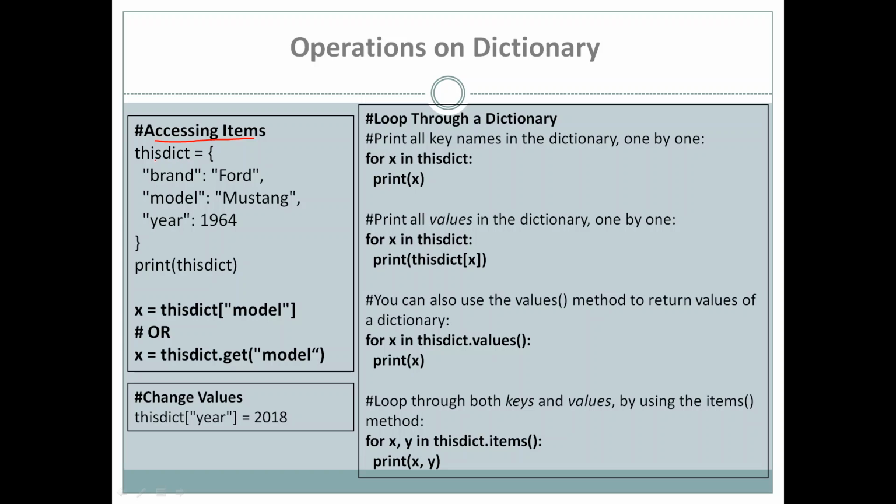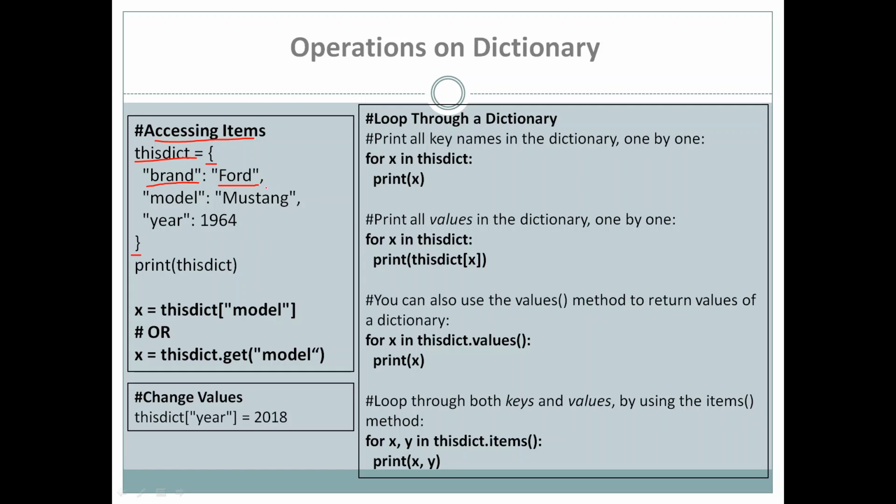So this is our example dictionary with the name thisdict. You can see here flower bracket open and flower bracket close. A dictionary is always declared with the flower brackets, and it contains elements in name value pairs. The first element name is brand and the value for it is Ford.